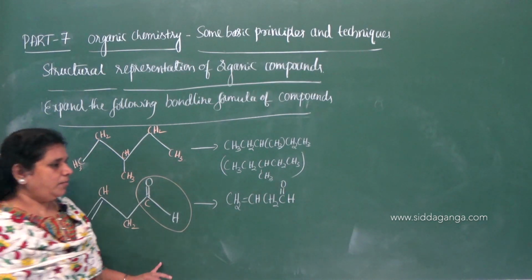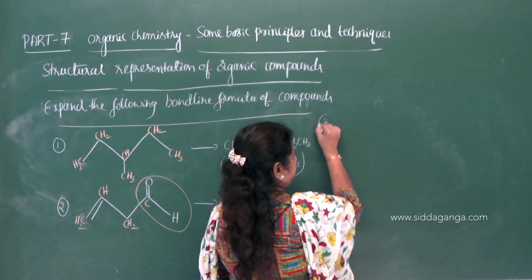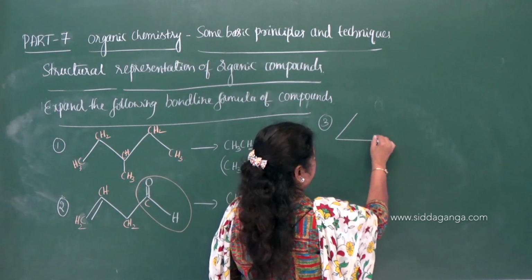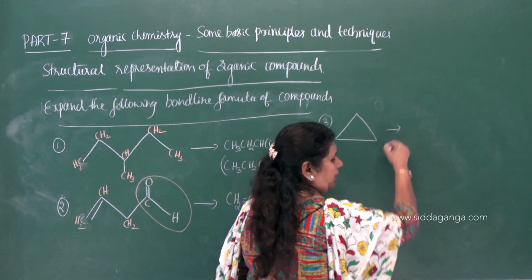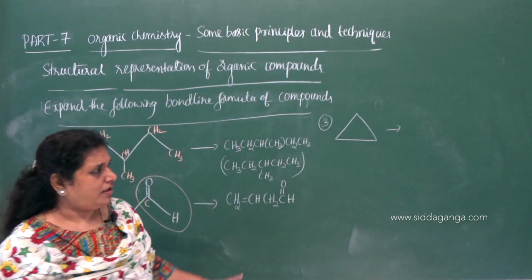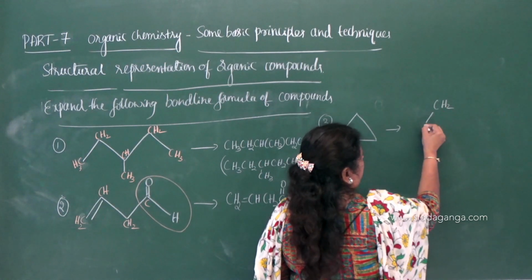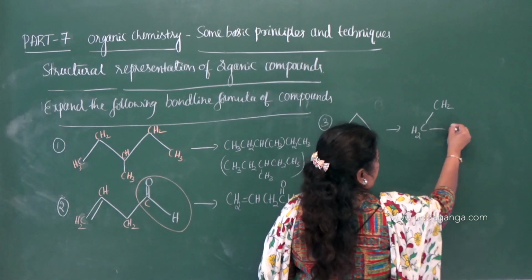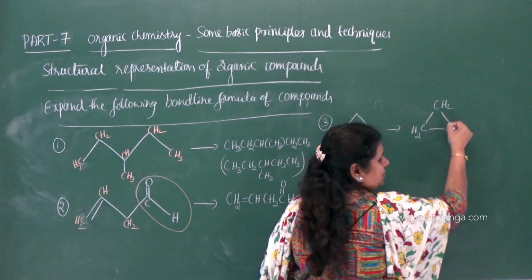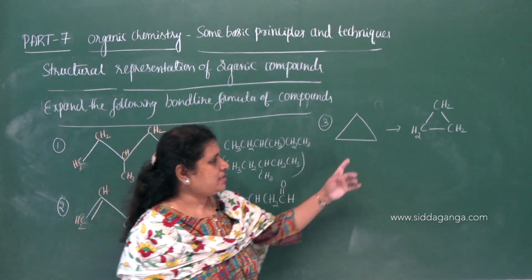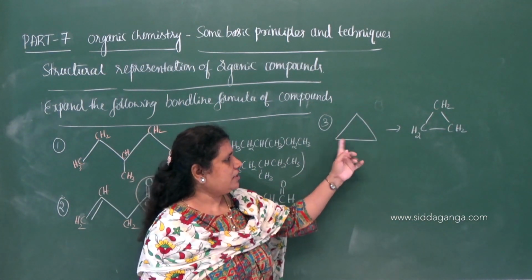Okay, now move on to the third one. So then represent the bond line formula. So here CH2, CH2, CH2. Trimethylene. CH2, CH2, CH2.